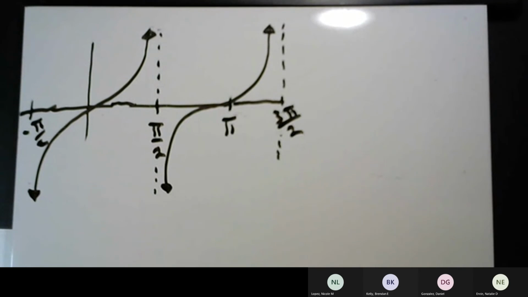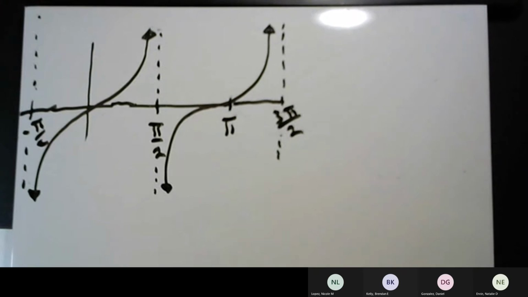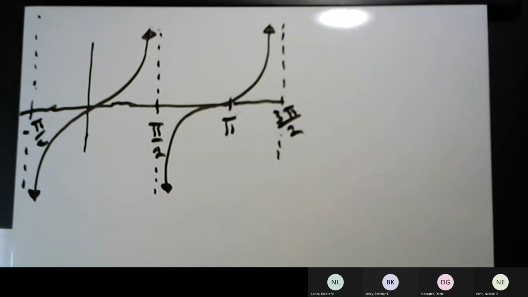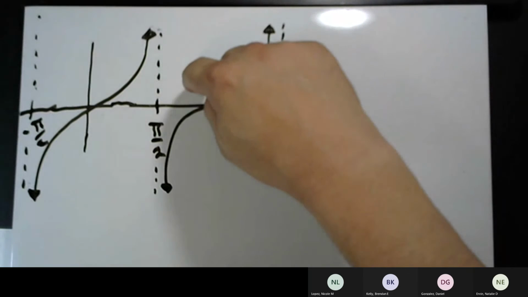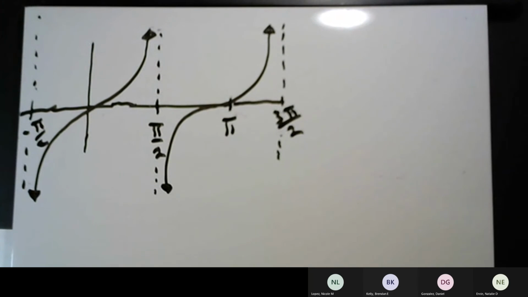So this is our tangent, and it repeats itself on and on forever. So we approach from the left, and tangent goes up to infinity. If we approach from the right, from the plus side, it drops down to negative infinity.